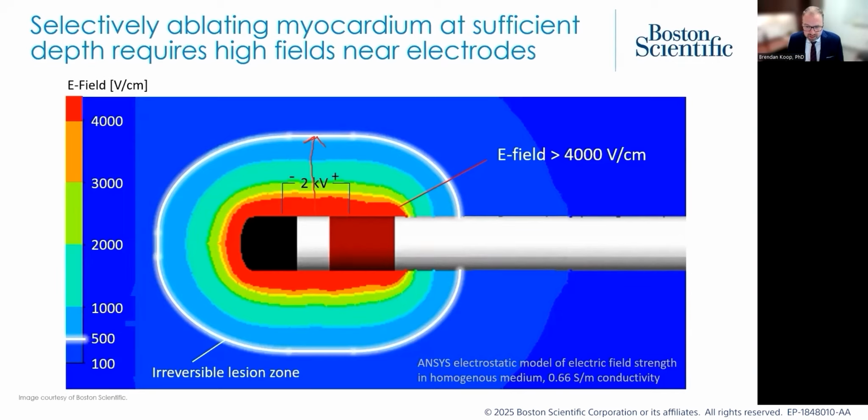And so we want to get that field line out that far. And what you don't realize is, in order to do that, very close to the electrodes, we have a very high field. You can see on the scale there, close to these electrodes in this simulation, we're over 4,000 volts per centimeter, so an order of magnitude higher.